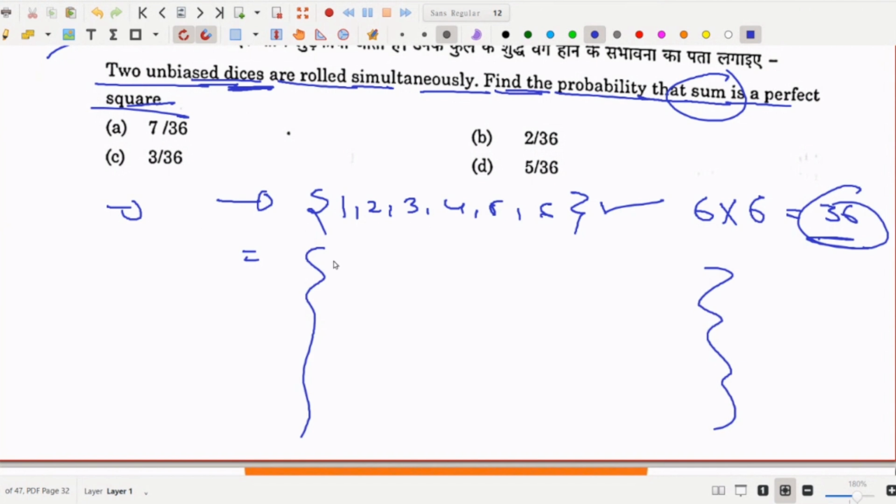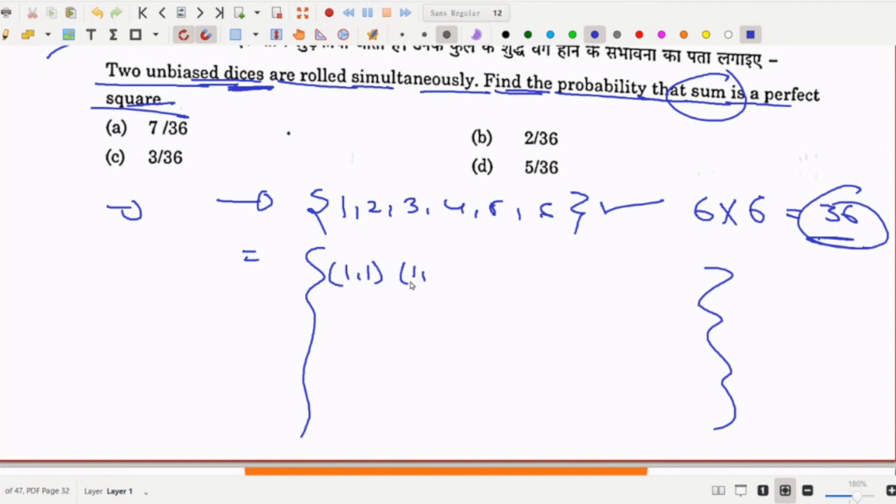See, we are tossing two dice simultaneously. If one came on one dice and at the same time one came on the second dice as well.